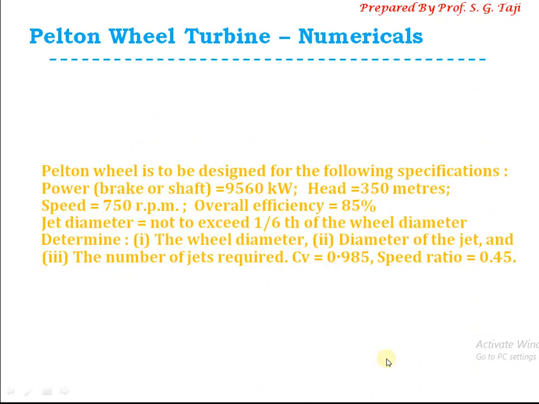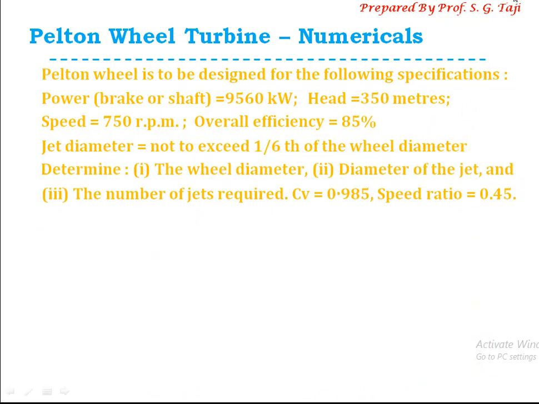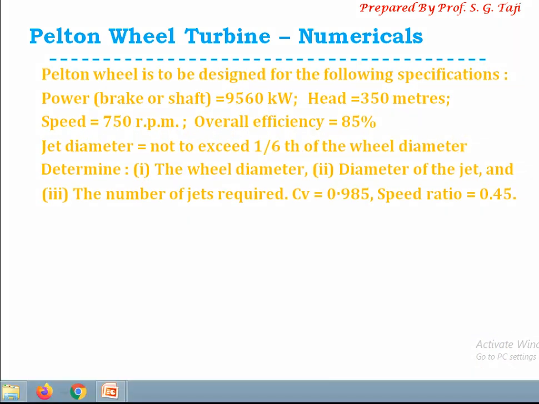So let's start our first numerical. In the first numerical, it is given that a Pelton wheel is to be designed for the following specification: brake power at the shaft, which is also shaft power or braking horsepower, is given as 9560 kilowatt. Head at the turbine is 350 meters. Speed is 750 revolutions per minute.